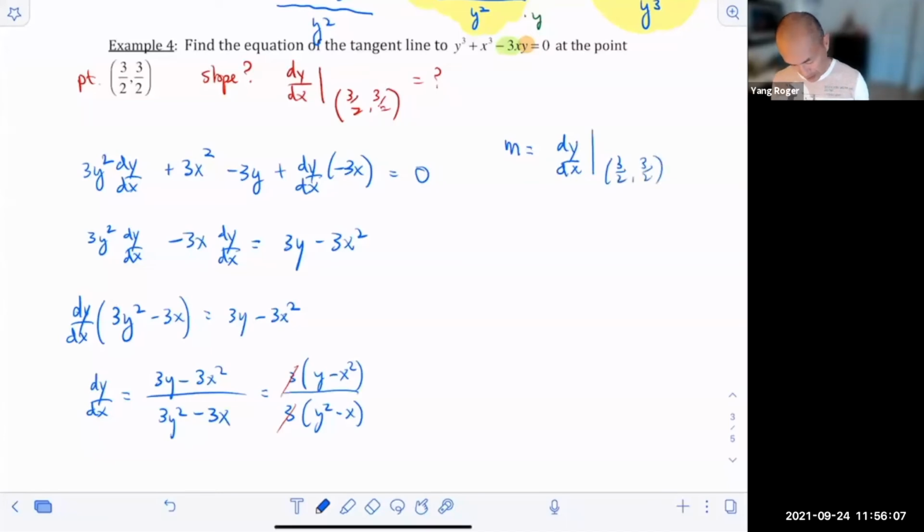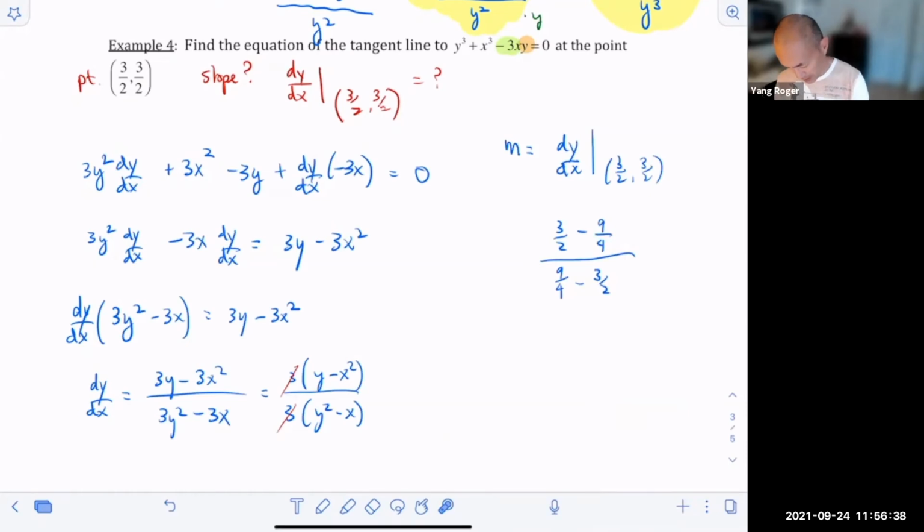So that for us is going to be (3/2 minus 9/4) divided by (9/4 minus 3/2). When you look at these, you're like, oh, these are opposites. This actually showed up on your test too, I think, right? This idea of the opposites, you've got to factor out a negative 1.